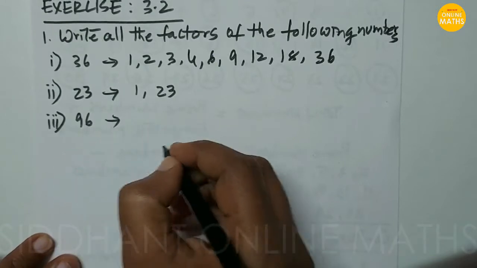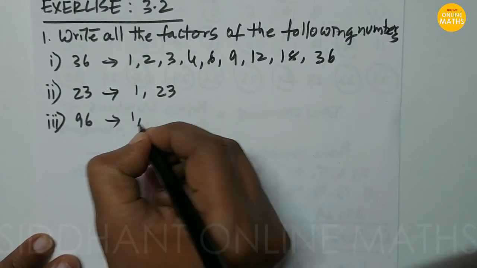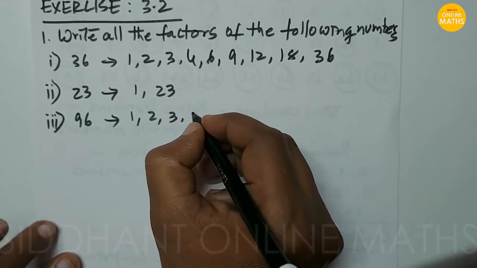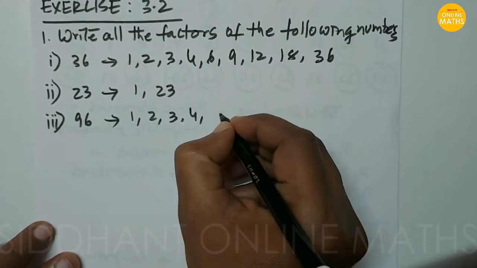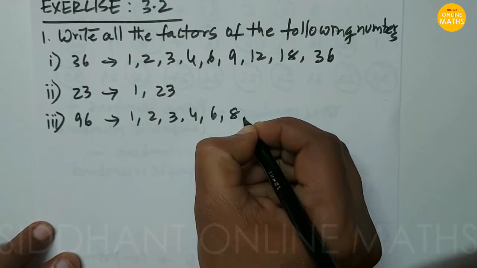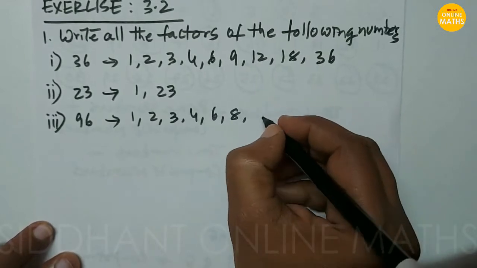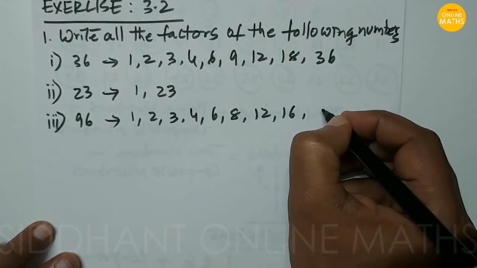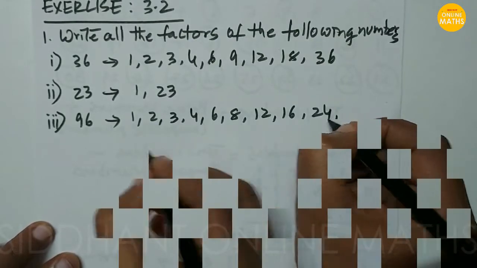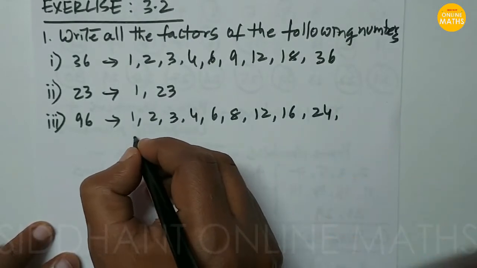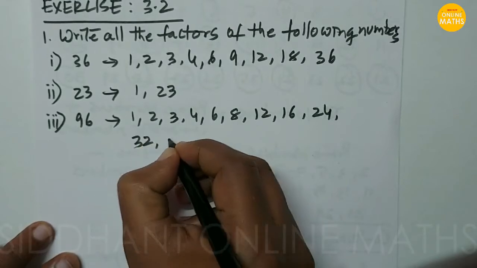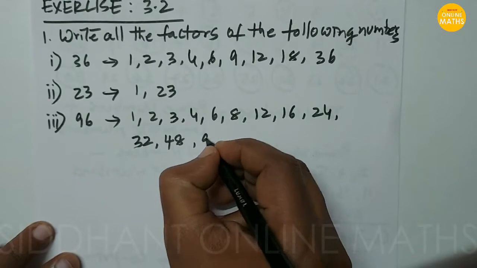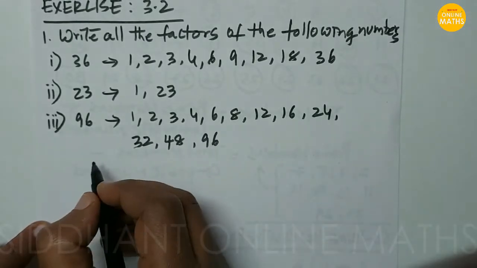For 96, 1 is common, next 2, next 3 it will go, next 4 it will go, 6 it will go, 8 it will go, next 12 it will go, 16, next 24, next 32 it will go, next 48, next 96, the number itself.